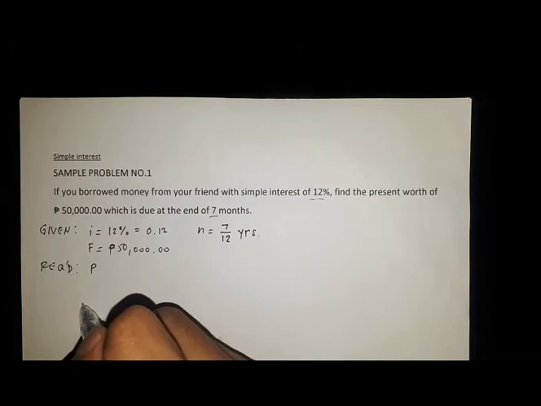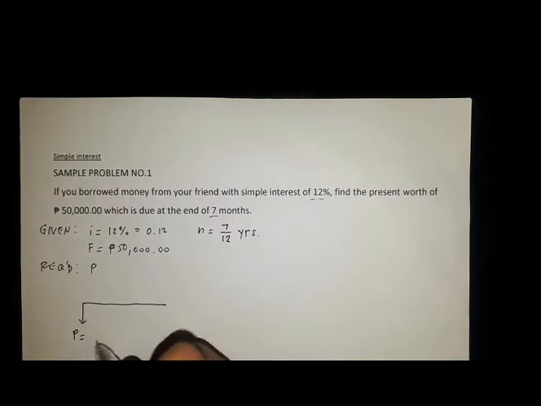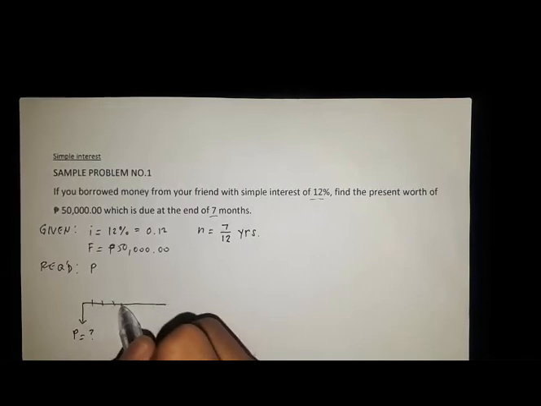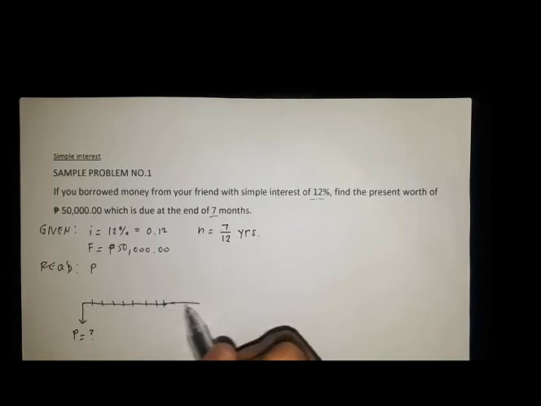So the cash flow diagram would look like this. You borrowed money, so money in, so you have a P of unknown. Then let's count 1, 2, 3, 4, 5, 6, 7, 8, 9, 10, 11, 12.